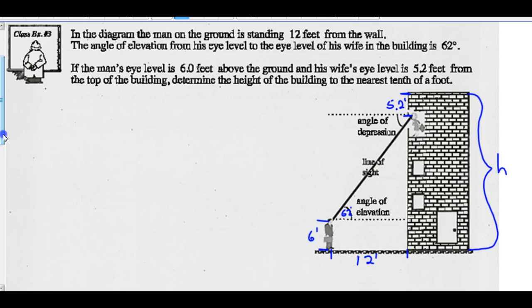But again, our right angle triangle doesn't have that whole height. Our right angle triangle is right here. So there's our right angle triangle. We're going to look for this side, x. And if I can find x, then I can use that to figure out the height of the building.